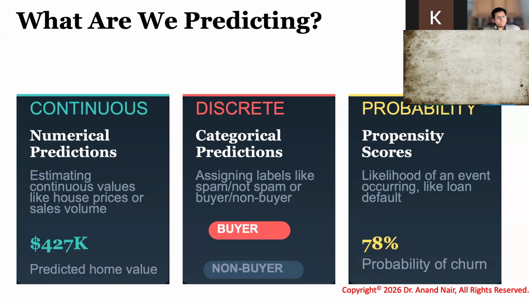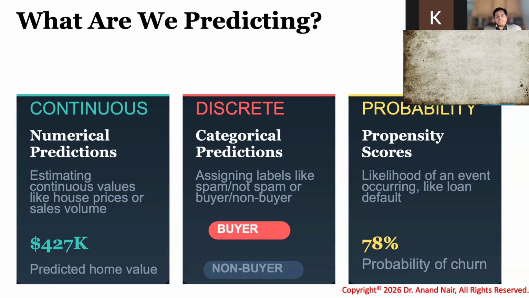And the third is probability, which is propensity scores, which is what's the likelihood of an event occurring. For example, loan default. Sometimes there are certain kinds of scenarios that we need to be very careful about. In banks, loan default. In healthcare, it could be about a patient being detected correctly for disease.